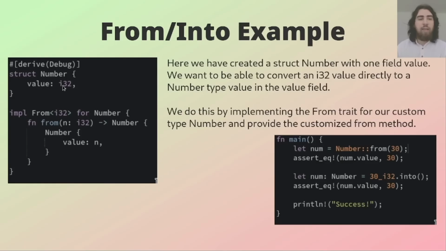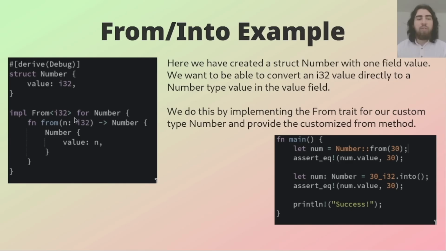Let's see here an example. We have a custom type Number. And then over here, we are implementing the From trait, right? So we want to convert from an i32 to our custom type Number, right? And the From trait implements a method from.